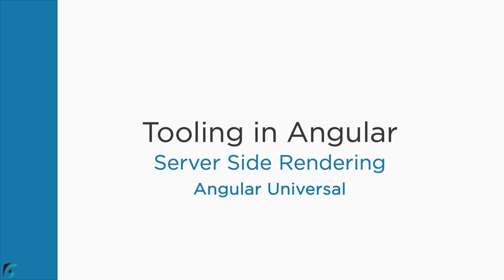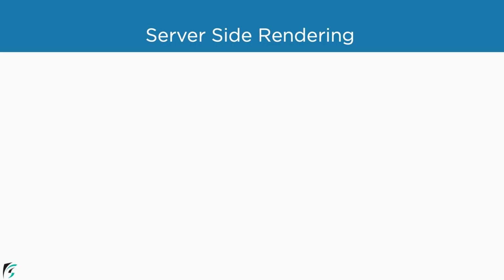Next in tooling, we have server-side rendering. Angular uses Angular Universal for this. The server-side rendering concept is very simple, but the implementation is quite complex. We'll take a quick look at the benefit and overall flow of server-side rendering with Angular.